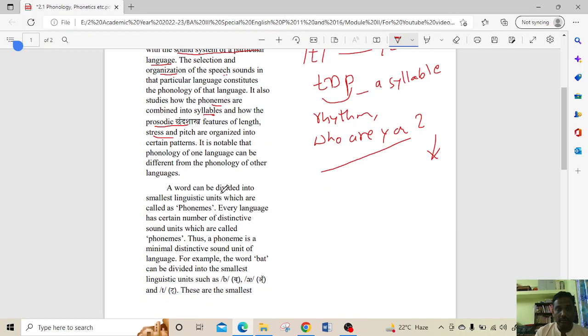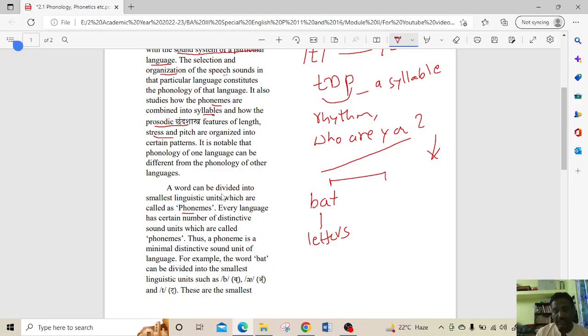So a word can be divided into the smallest linguistic units, and they are called phonemes. For example, here you see the word bat. When it is phonetically transcribed, these are the b, a and t, these are the letters.